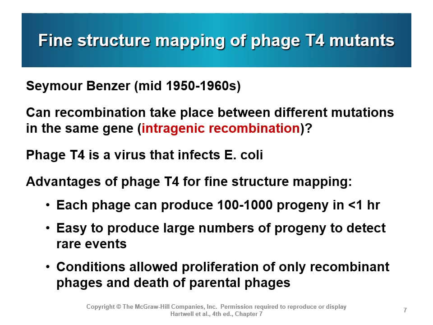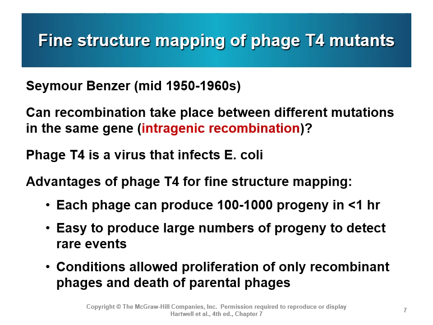So in this particular case, Benzer did the experiment with phage T4 virus, which is a virus that affects E. coli. The reason this virus was picked for structure mapping is that it produces progeny, from 100 to 1000, in less than an hour.